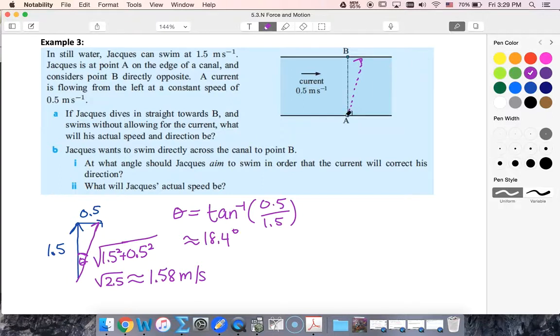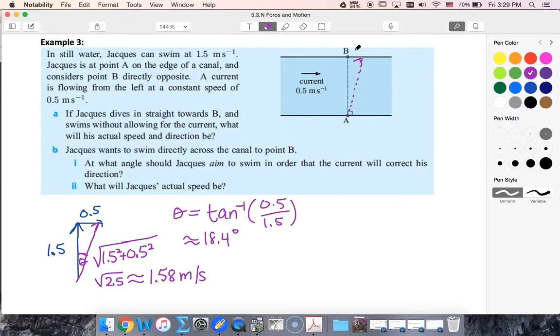So if he wants to actually end up at B, he needs to point himself towards the left. So we want to know what angle that should be and what will his actual speed be.